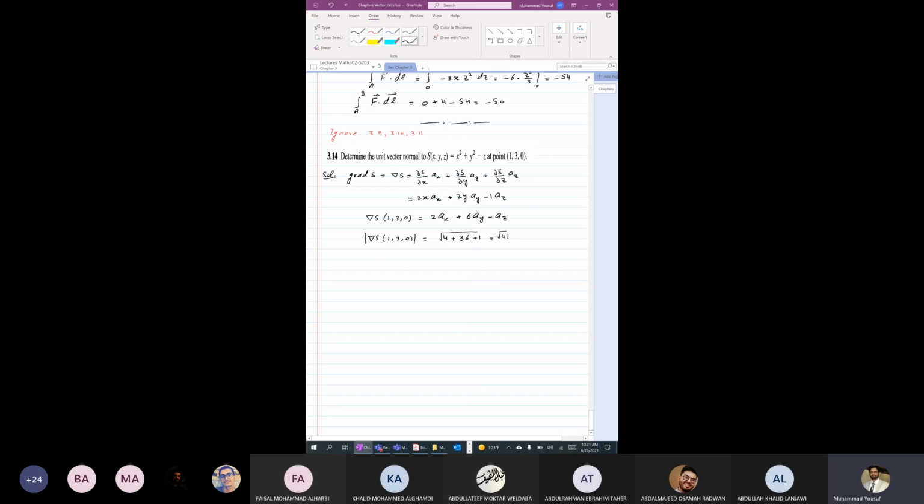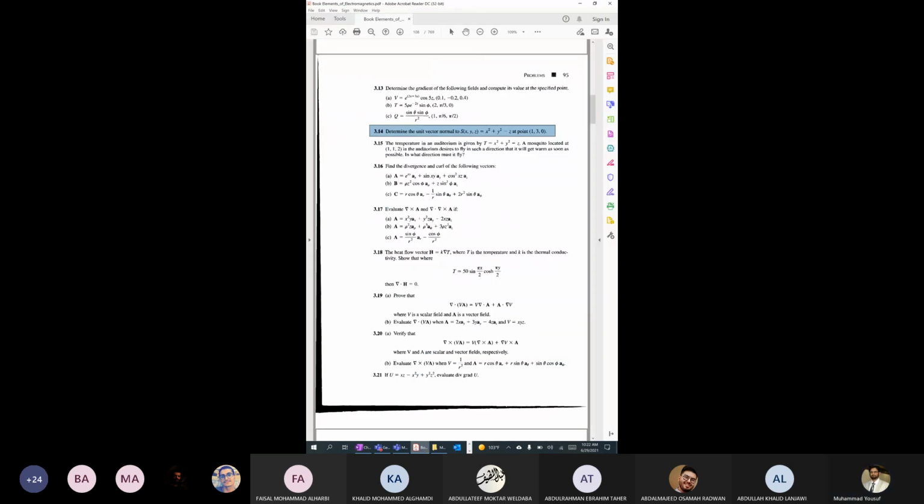The unit normal they are asking for is equal to 1 over square root of 41, times (2ax plus 6ay minus az). So this is the unit normal, 3.14.